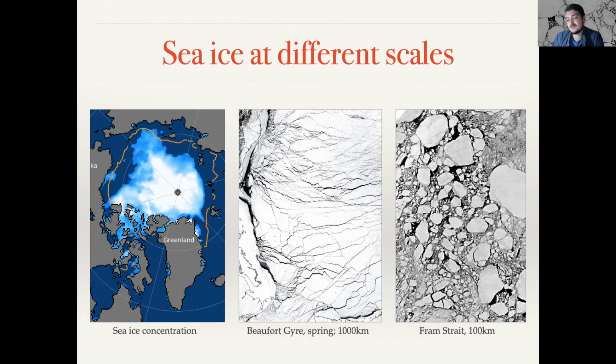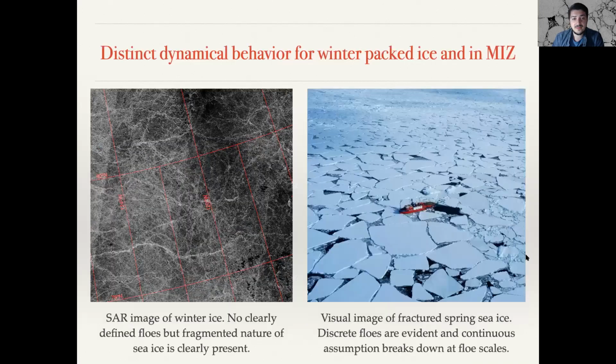This forms the so-called floe size distribution that people tend to quantify quite a lot in sea ice. But of course, reproducing this kind of image with all its details is a very challenging task, and this is what a model aims to do.